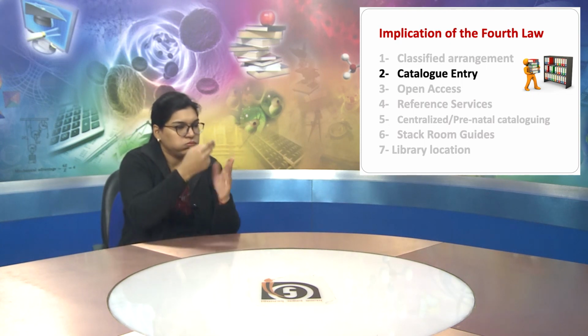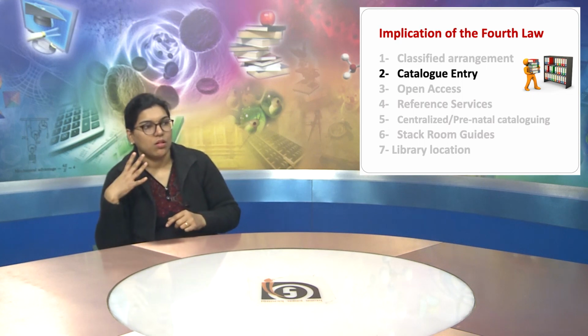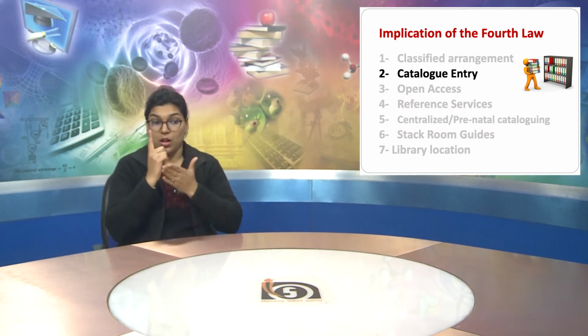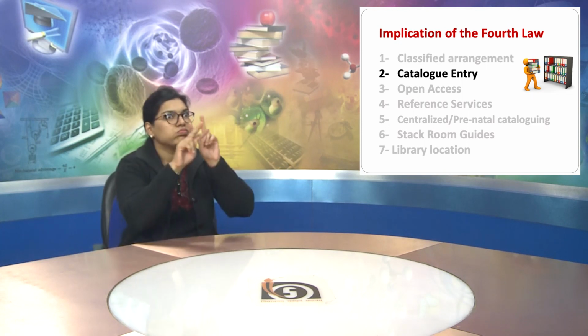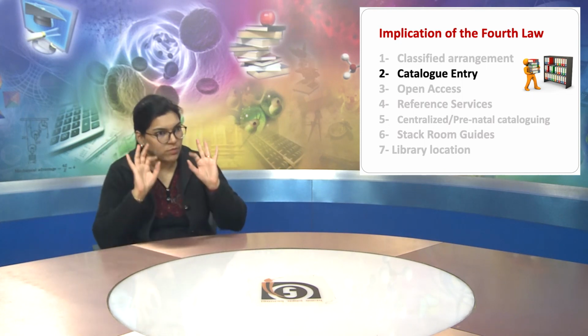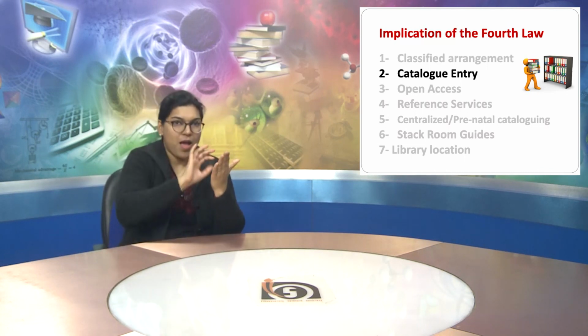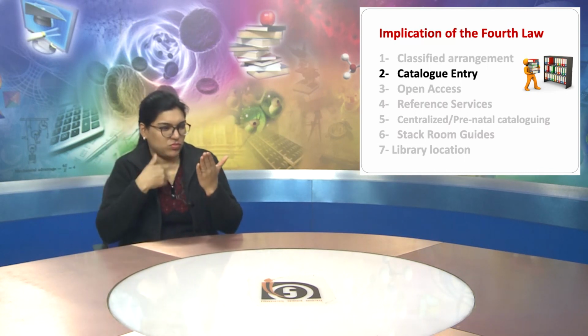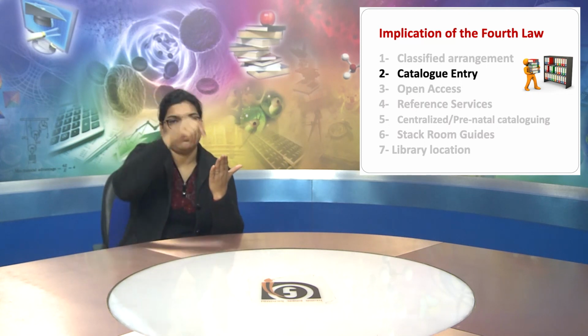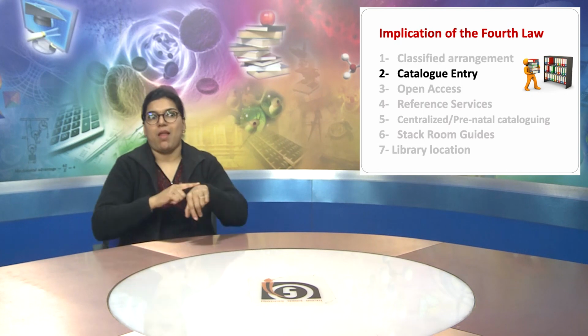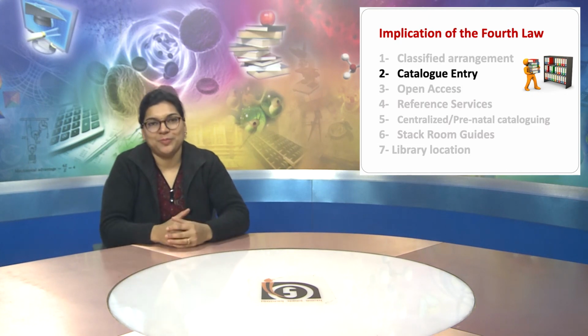The various facets of composite books can be brought to the notice of the reader by making cross-references and subject analytical entries. Therefore, the fourth law calls for the classified arrangement of cards in the catalog cabinet and also the analytical entries for composite books.